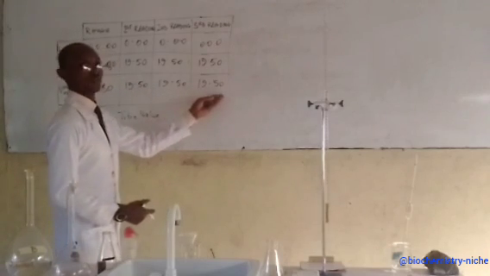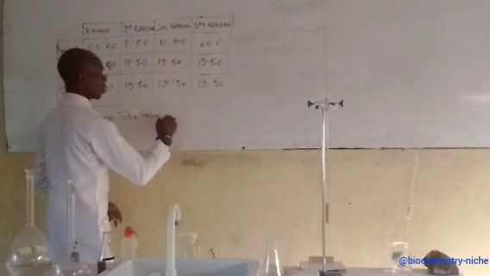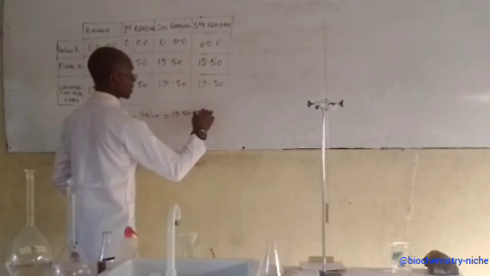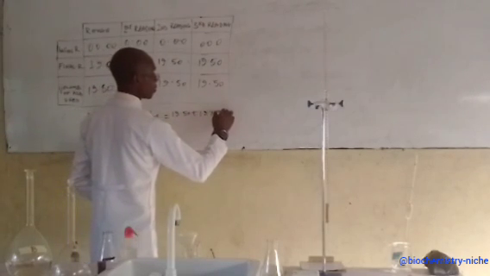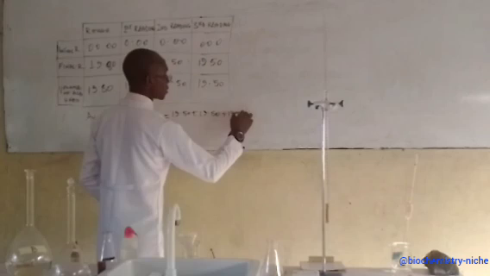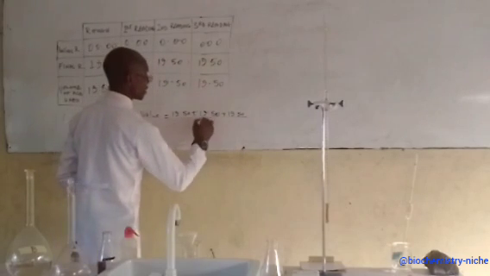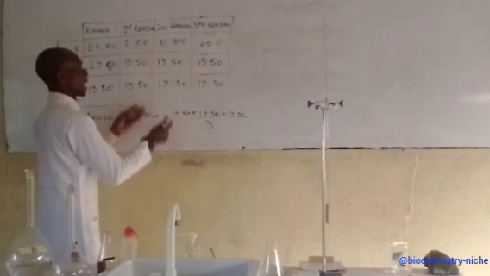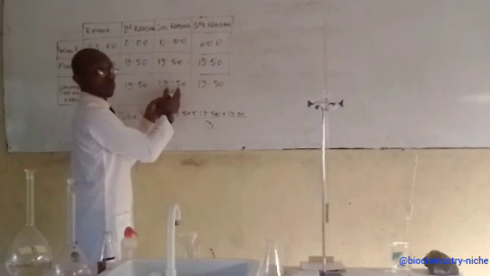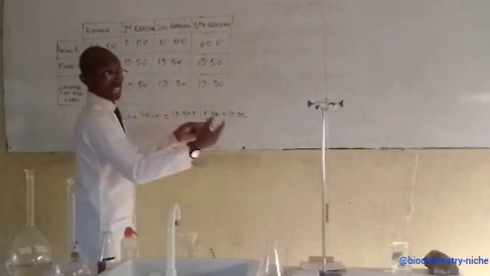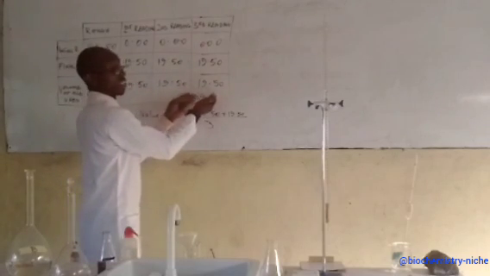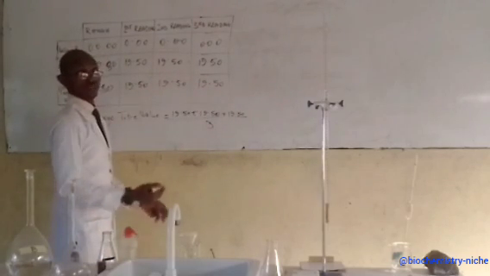But since we have all of these ones to be the same, we have 19.5 plus 19.5 plus 19.5 divided by 3, because we are using 3 readings at this moment. If it were to be 2, let's assume this one was 19.4 and this one is 19.3, that can also happen. If you have 19.5, 19.4, 19.3, you also have a margin of not more than 0.2.